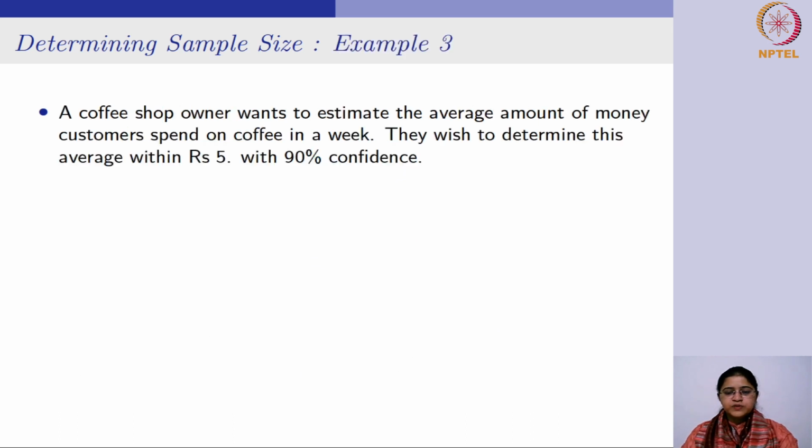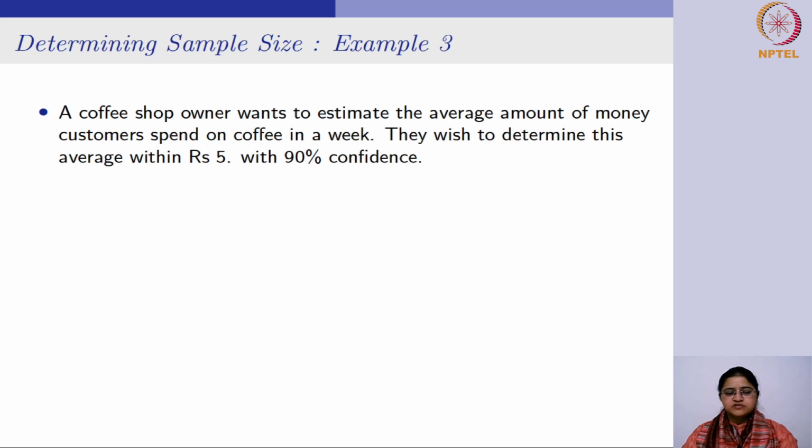So this could be understood using this example, that a coffee shop owner, suppose, wants to estimate the average amount of money the customer spent on coffee in a week, and they wish to determine that the average is within rupees 5 with 90% confidence. So here margin of error that he is taking, that E, is taking to be 5, plus minus 5.